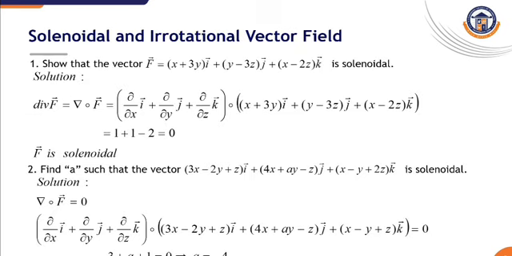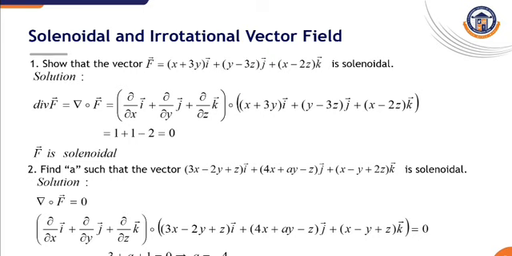So let us see some example problems. Show that the vector F equals x plus 3y into i vector, plus y minus 3z into j vector, plus x minus 2z into k vector is solenoidal. We know that solenoidal means the divergence of the given F vector becomes zero.